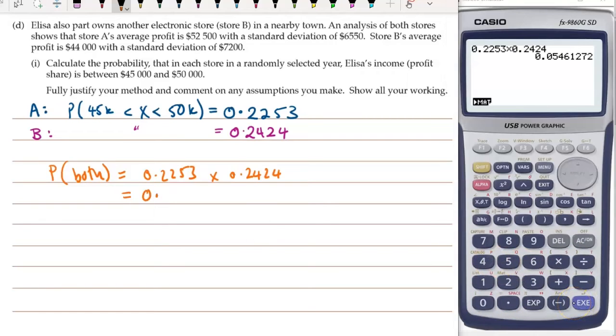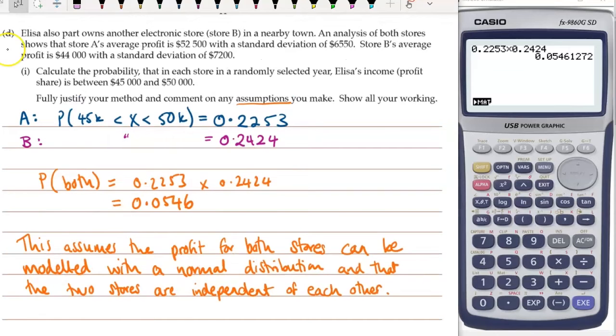That comes to 0.0546. Now the assumptions that we've made: we have assumed that this is normally distributed because we haven't actually been told that in the question, but the information we've been given has led us to believe it's normally distributed. And we will assume that the two of those are independent of each other so that we can multiply them together to get this result for the probability.